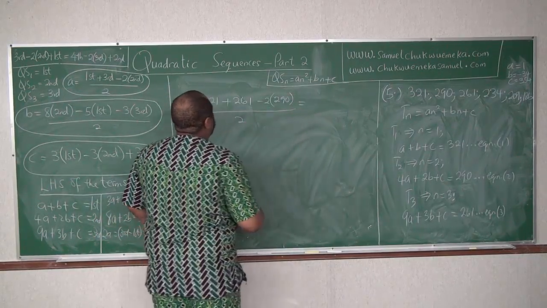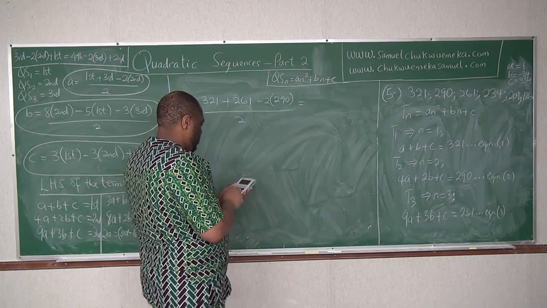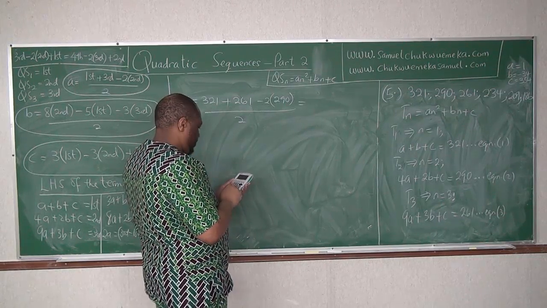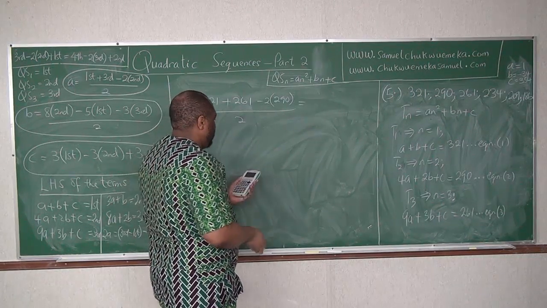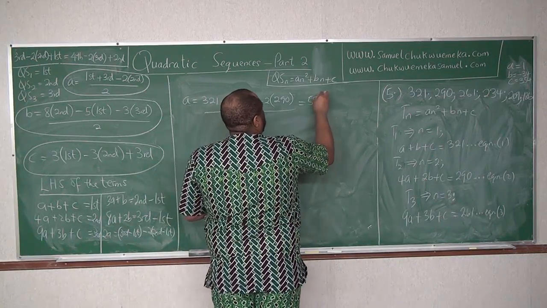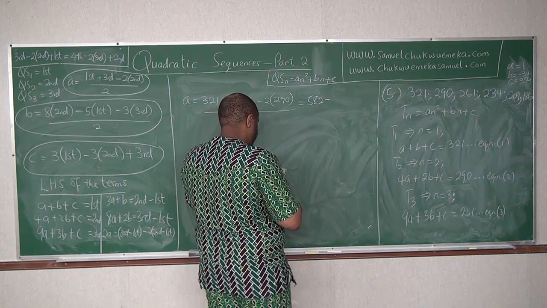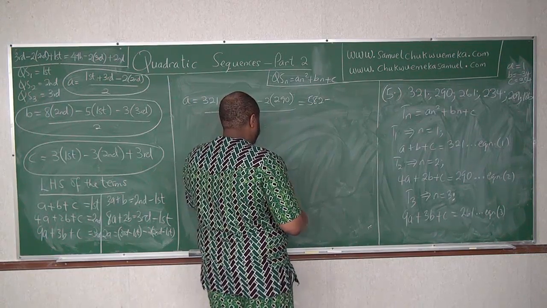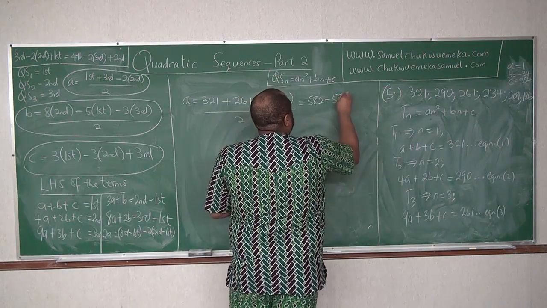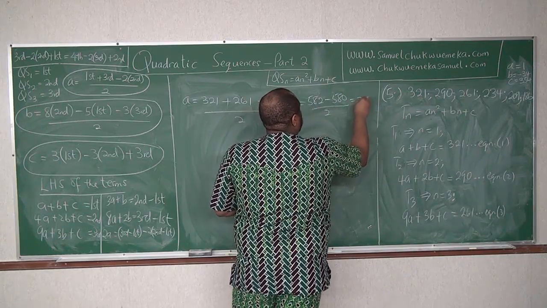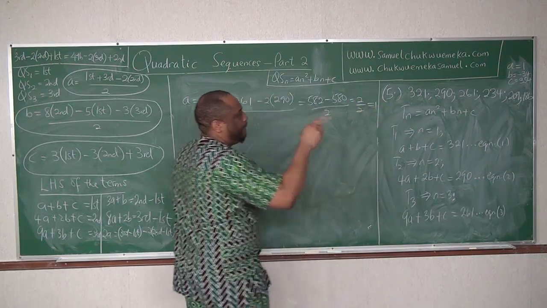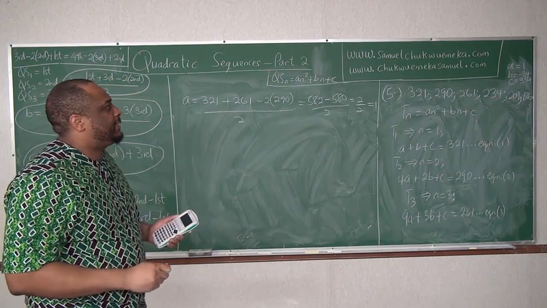So this gives us 321 plus 261, 582, minus 2 times 290, 580, all over 2. So this is 2 over 2, which is 1. Thank God it is correct.